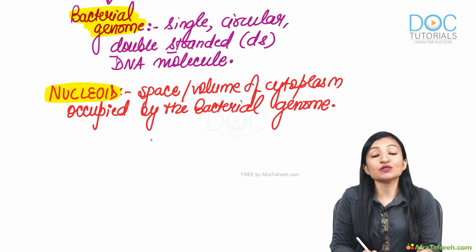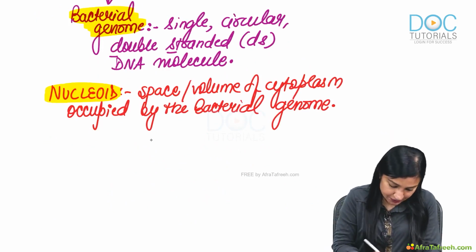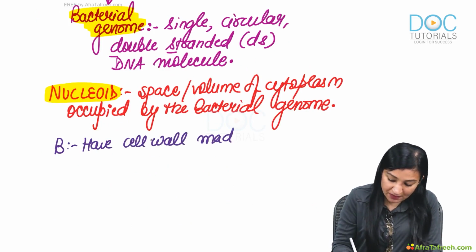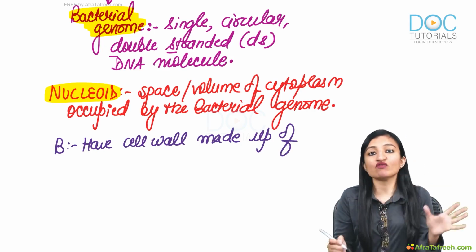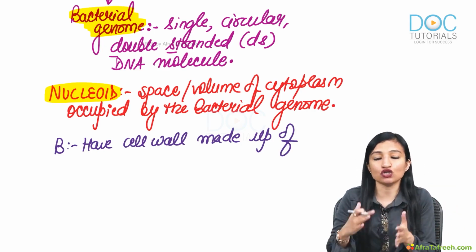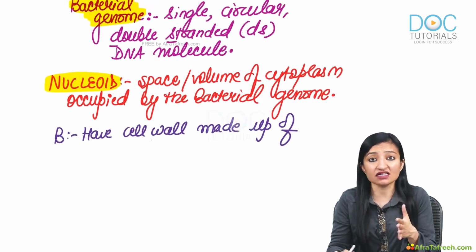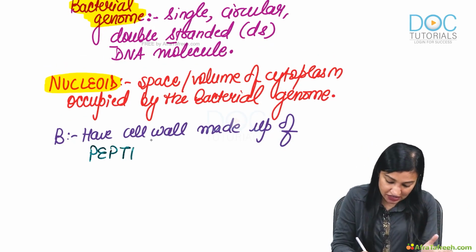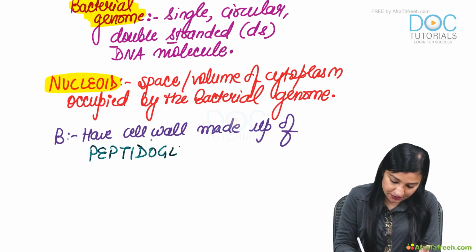Then next, what you need to know about bacteria. Bacteria have a cell wall made up of, now I am going to tell you a very fancy word which I am going to dissect when we talk about bacterial cell structure and anatomy. For now, just note down this fancy word, peptidoglycan.